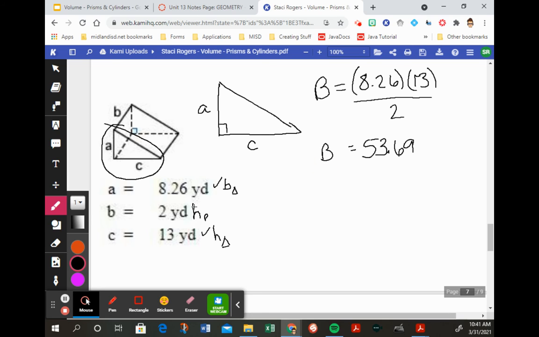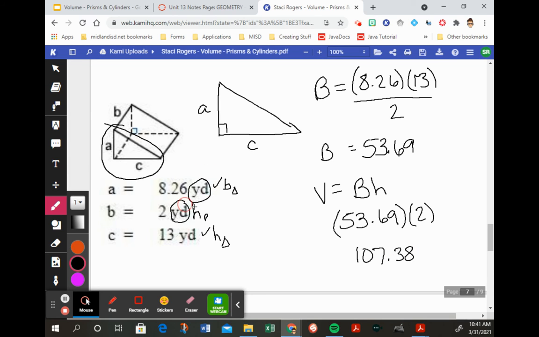So now, to get the volume, I multiply big B times the H of the prism. So 53.69 times 2, I get 107.38. And how many yards do I have? I have 3. And I multiply them all together, so I have yards to the third power, or cubic yards. Okay.